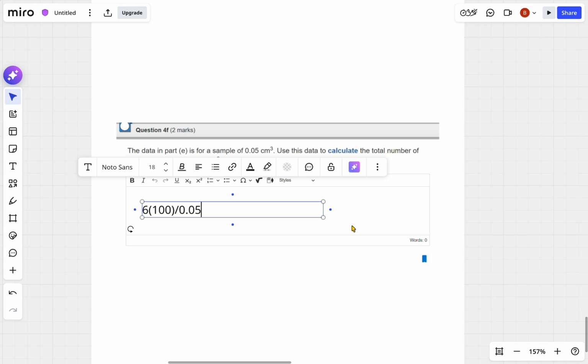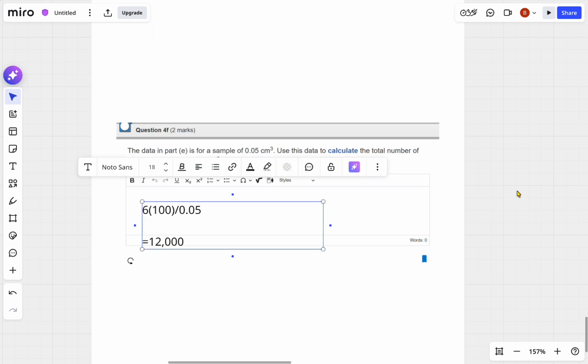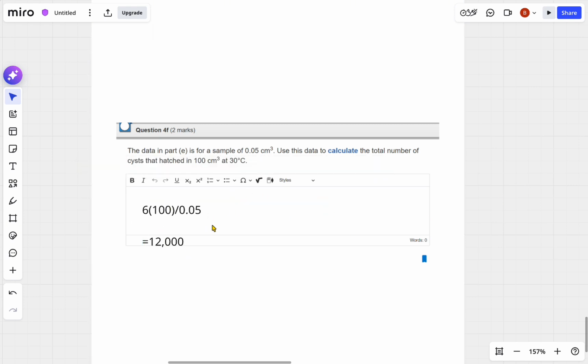So if we do this, we're going to get 12,000. Yep, so 12,000 brine shrimp cysts are going to hatch out of this. So that's our answer. It's going to be 6 into 100 by 0.05. So that's how we solve this question. If you put this in a calculator, you'll get the same answer. That's it for this question.